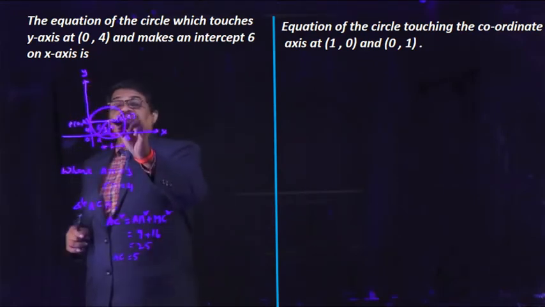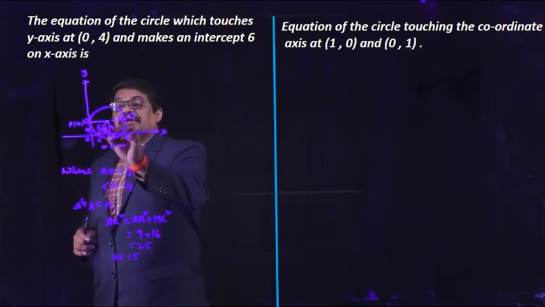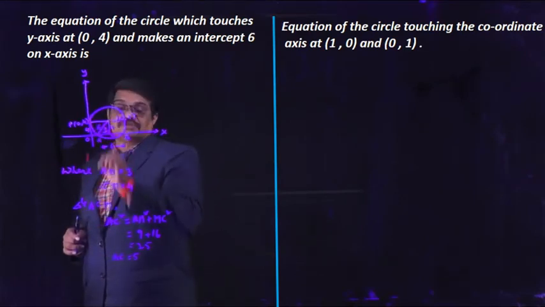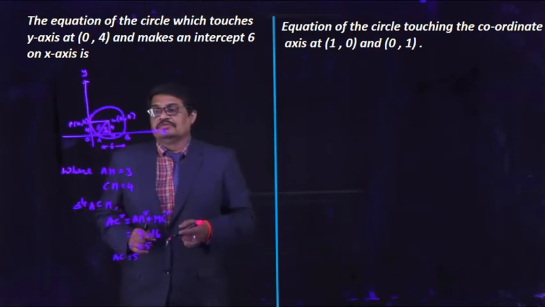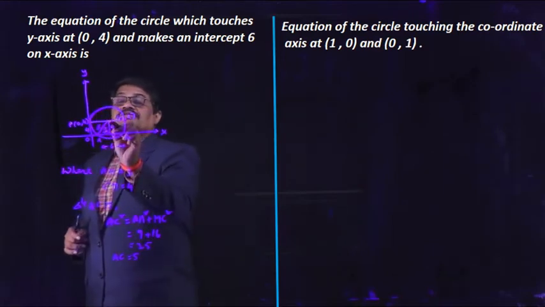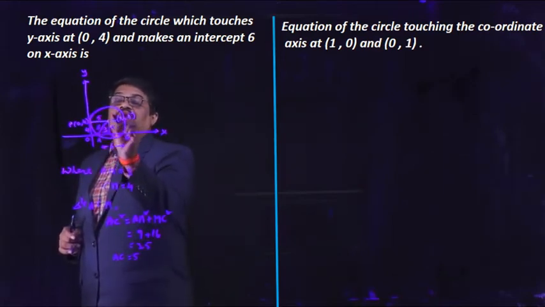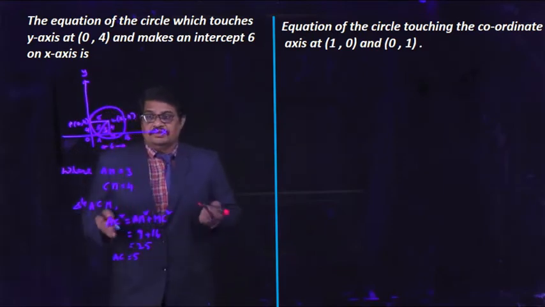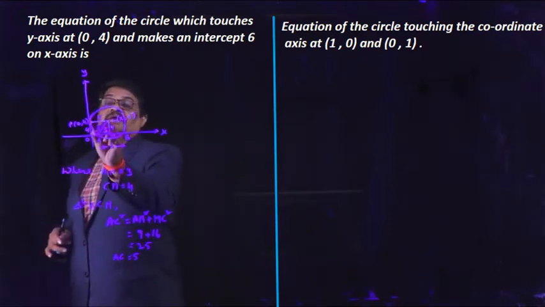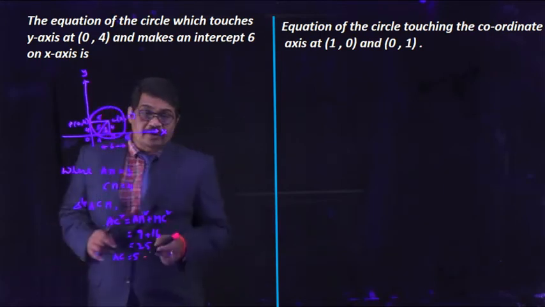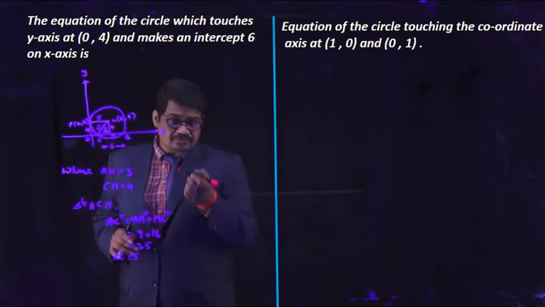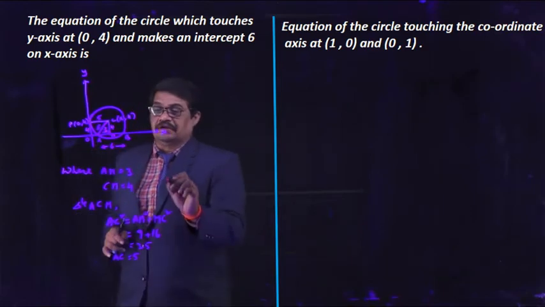So this is the radius. CA is the radius. Similarly, CP is also the radius. Now the length of CP is also 5 units. Therefore, CM is nothing but OM. Here, OM is the x coordinate of the center.